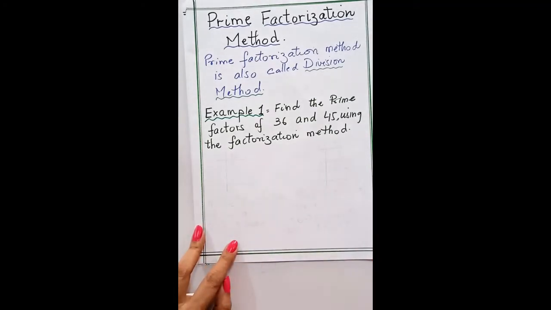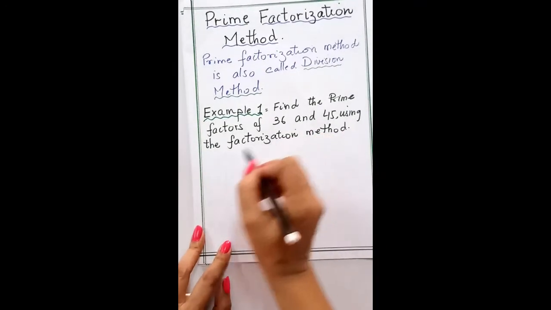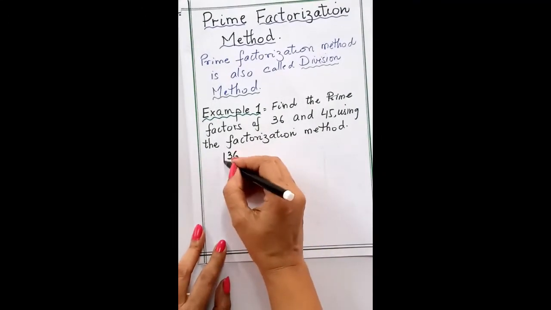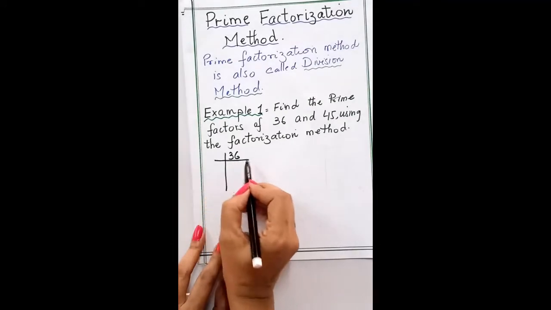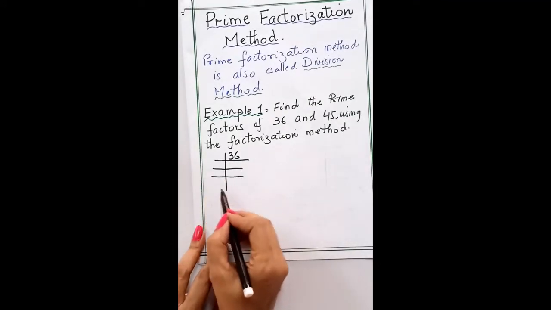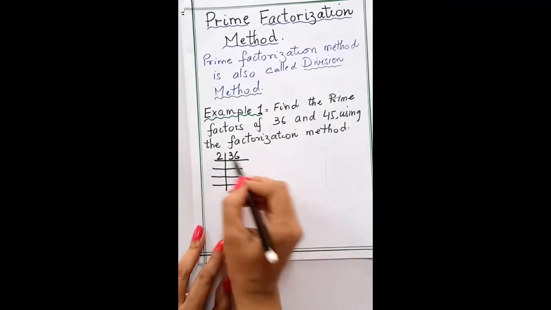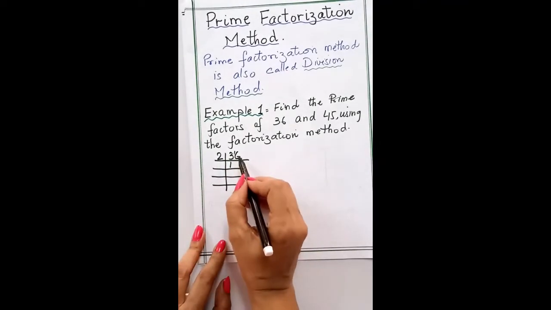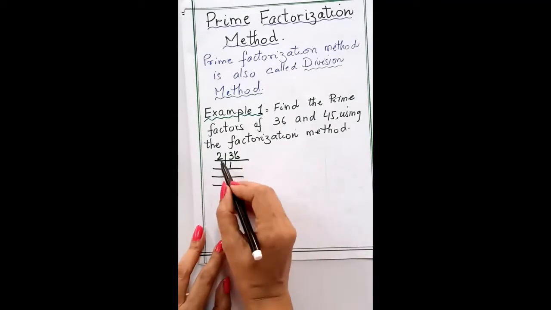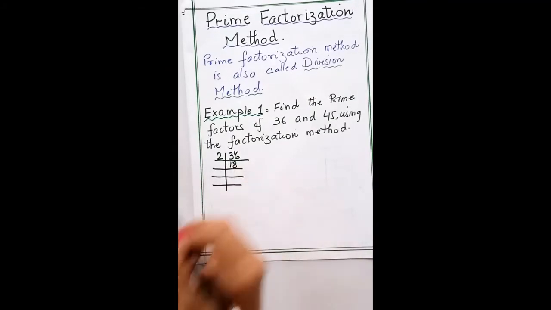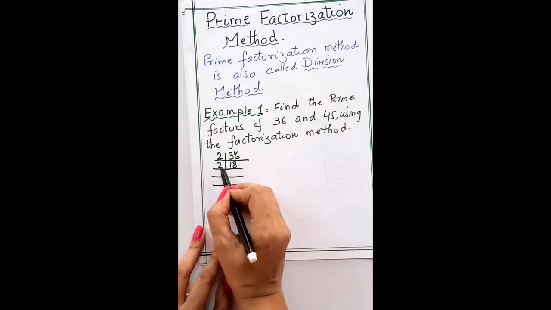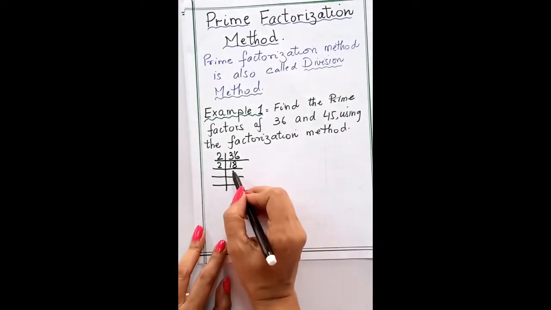36 is an even number, so we divide by 2. 2 ones are 2. When 1 is left, it becomes 16. So 2 eights are 16. Then again 2 times table, 2 nines are 18.